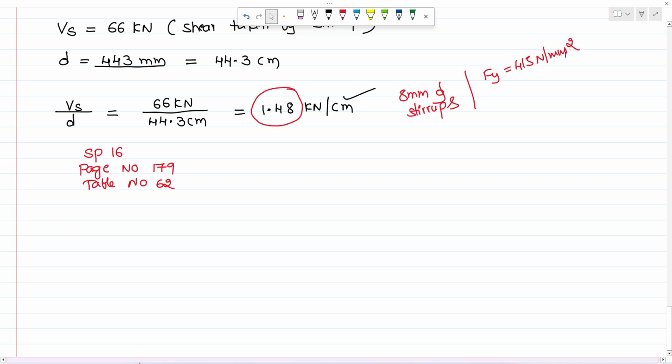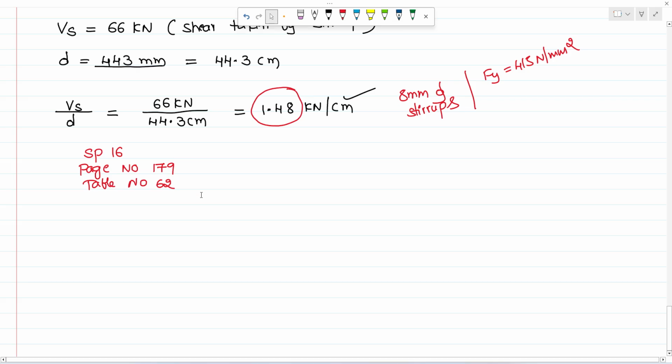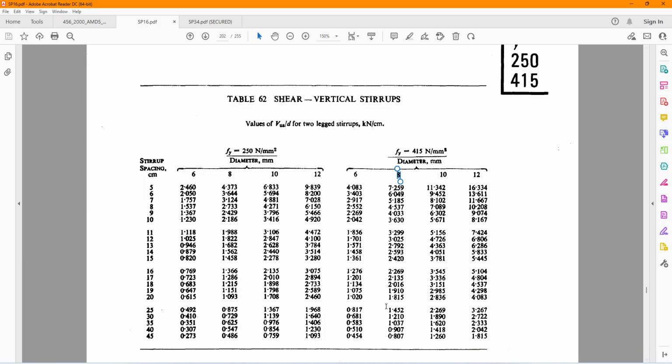So now you can refer table 62. First, Vs by d value is 1.48. So it will be in between these two values, 1.452 and 1.815. For 1.815 spacing will be 20. For 1.452 spacing will be 25.